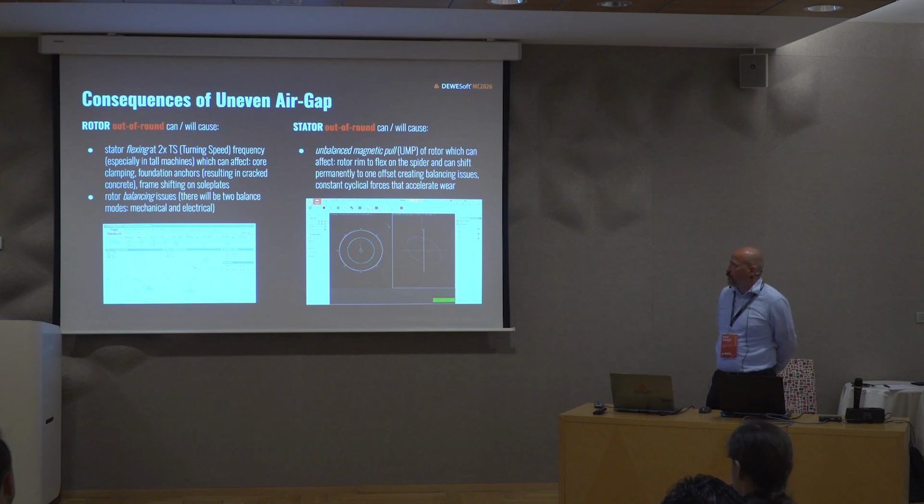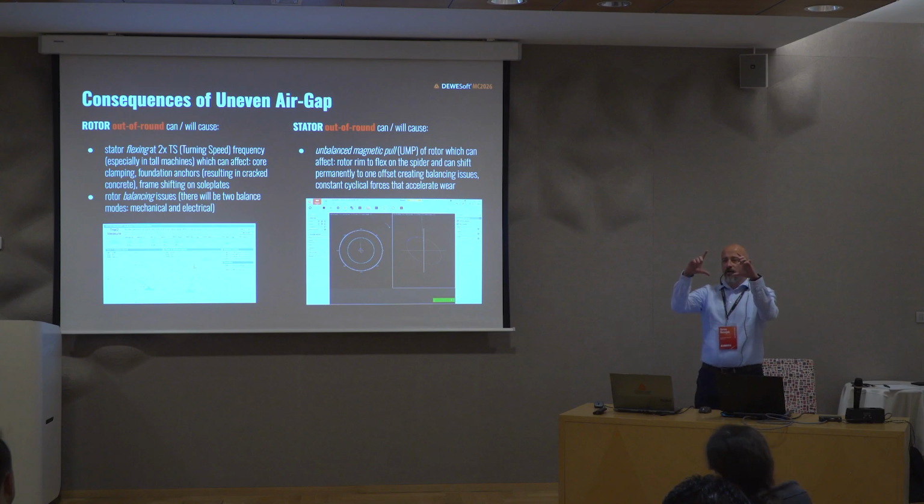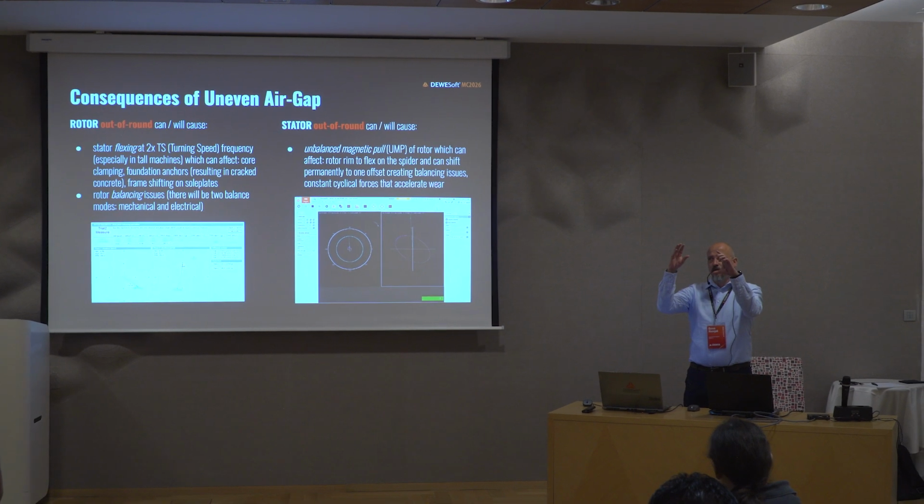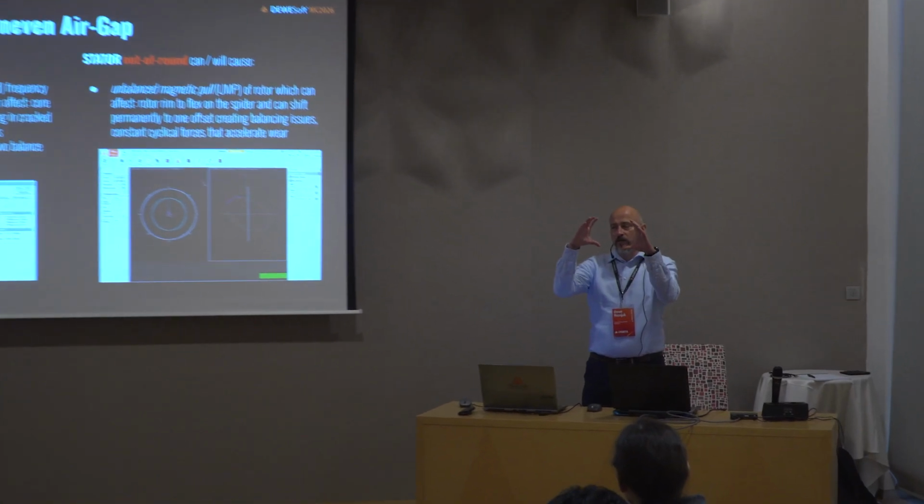For stator out of round, what you see is you have 2 circles, stator and rotor. If one is off center, then when you turn on the excitation, it will be pulled to this side. Of course, the bearings would not allow it to go all the way, but then the bearings are suffering, and they might be overheating, and so on. And also the rim, because when you think about it, it's a large structure, 2 RP in length, and it's pretty flexible.